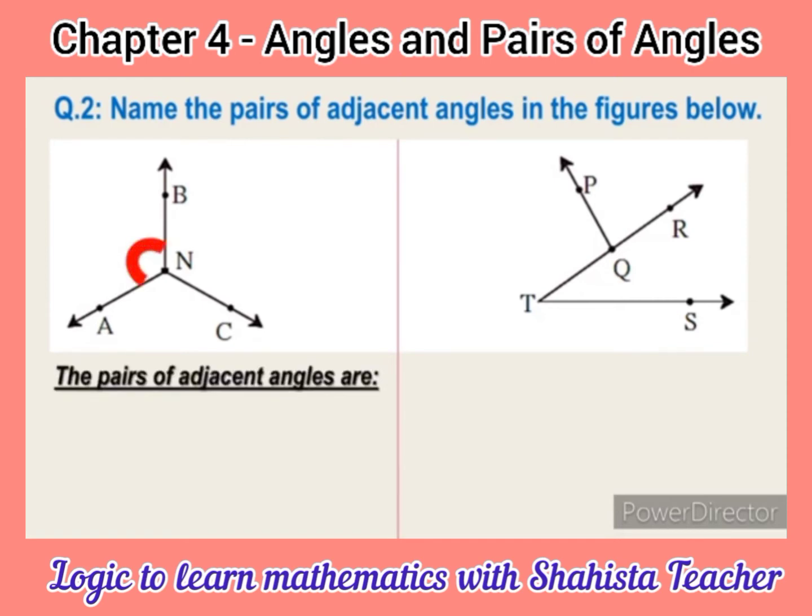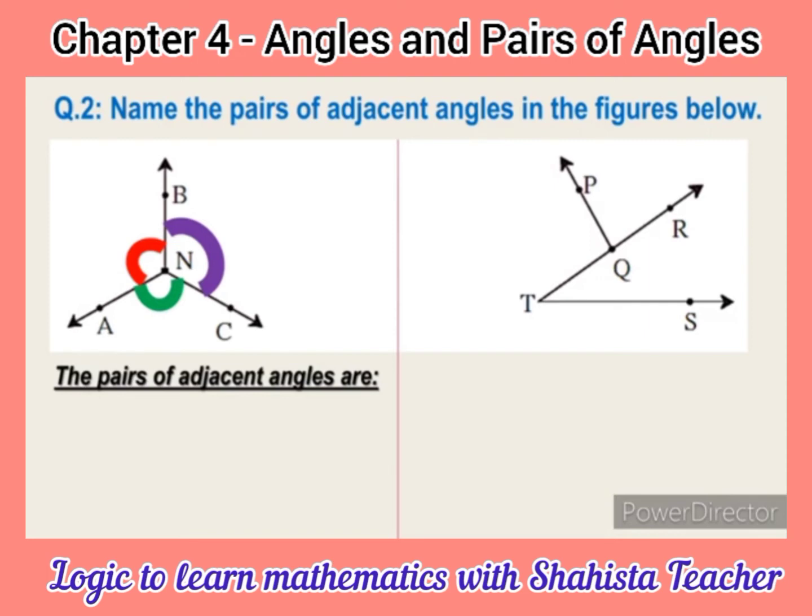Okay, so here the pairs of adjacent angles are, as you can see, A and B, then A and C, and lastly B and C, or we can say that C and B. Okay, there are 3 pairs.